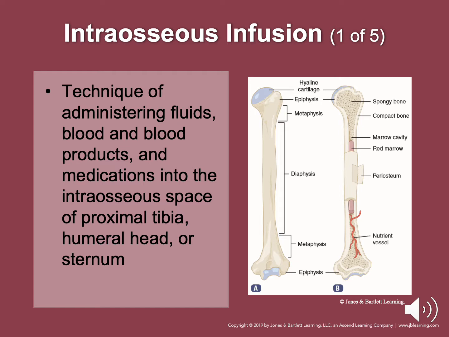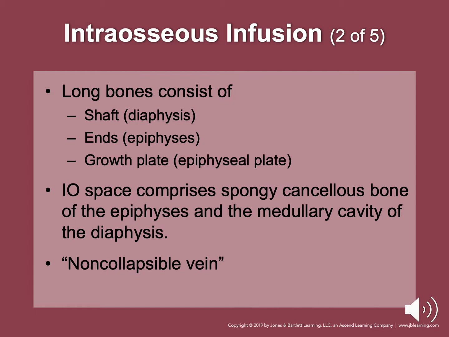So basically, a non-collapsible vein. IO infusion is indicated when you are unable to rapidly obtain IV access in the critically ill or injured patient.